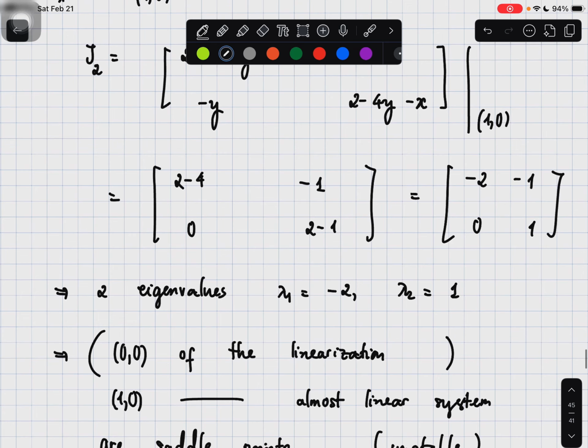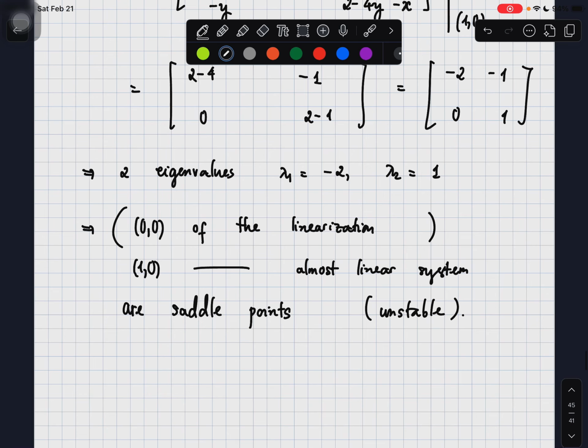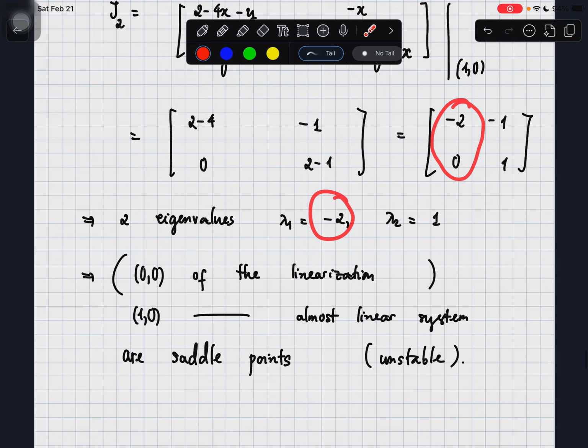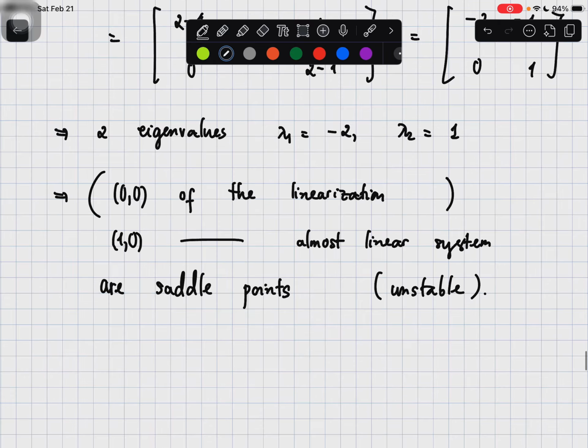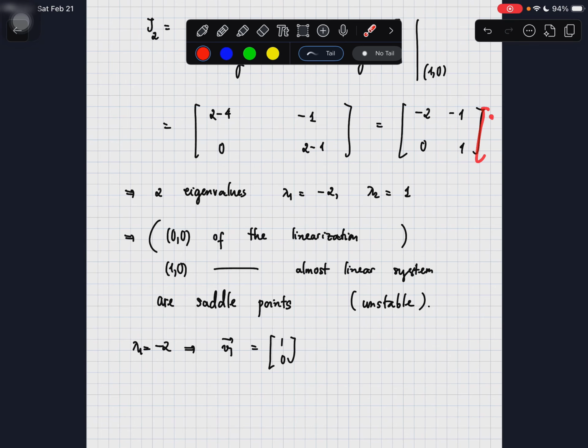To sketch it accurately, I need to compute the eigenvectors. You know that for minus 2, the eigenvector will be v1 equal to (1, 0). When you multiply (1, 0), you do the same as in the previous case. You get the first column, which is minus 2 times (1, 0).